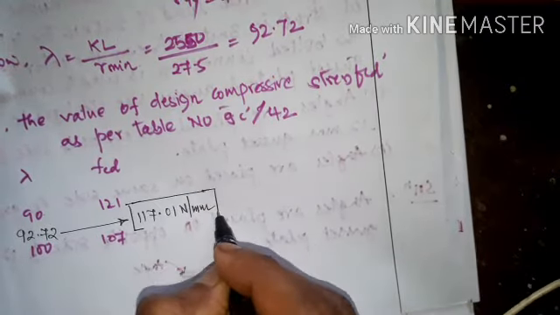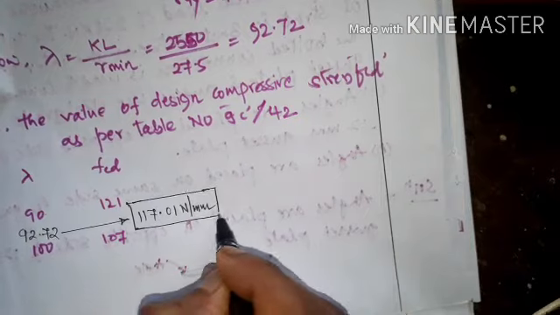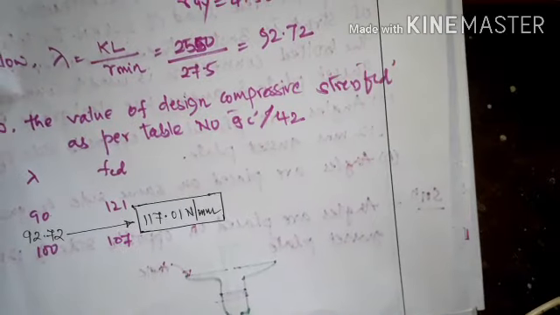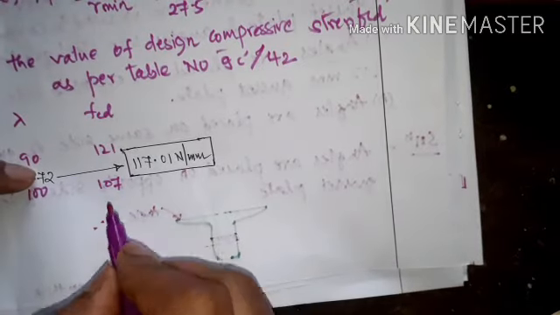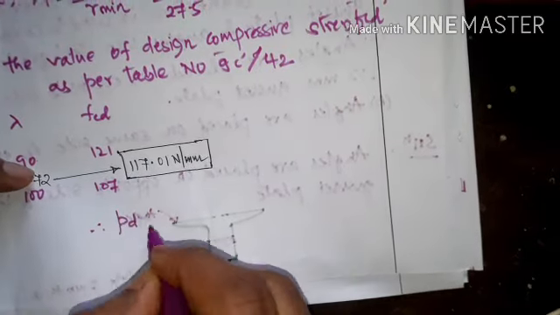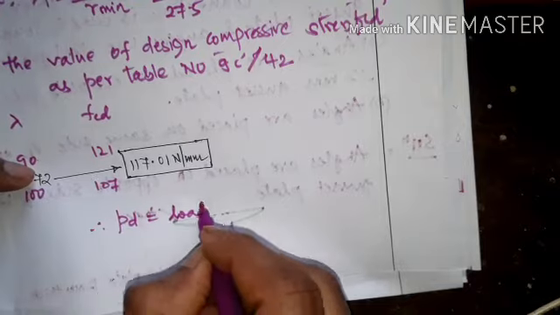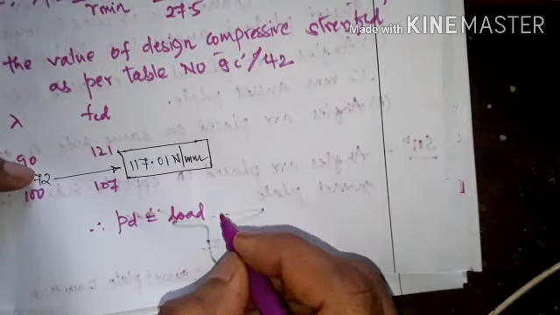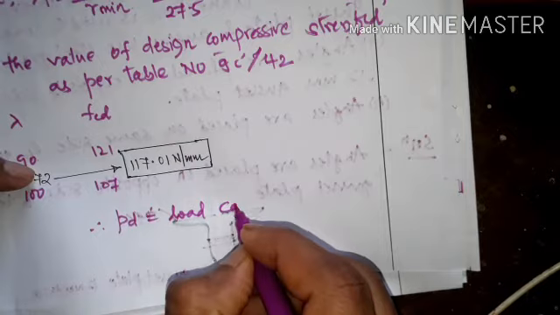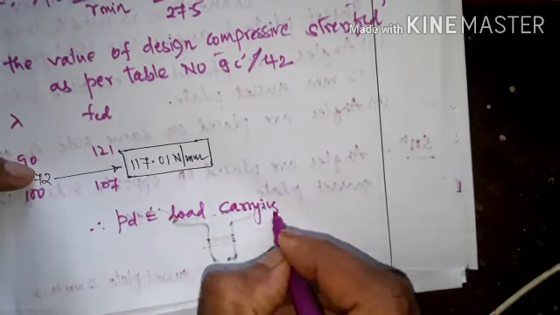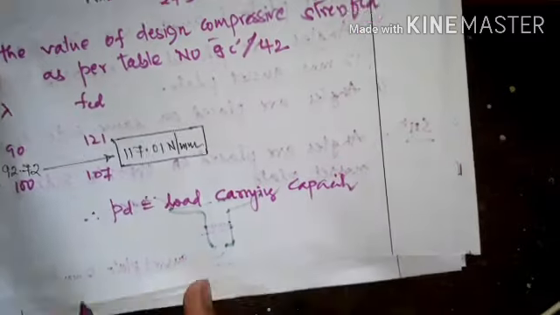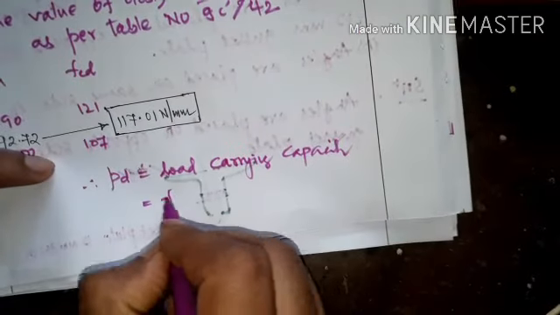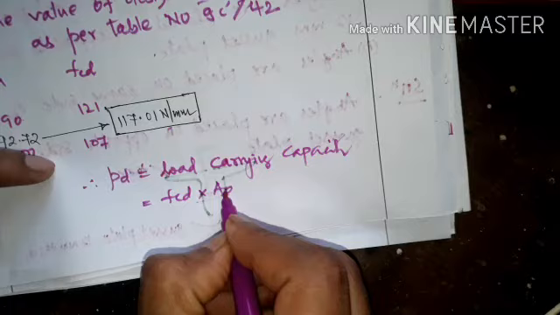Therefore PD, the load carrying capacity, is equal to FCD into area.